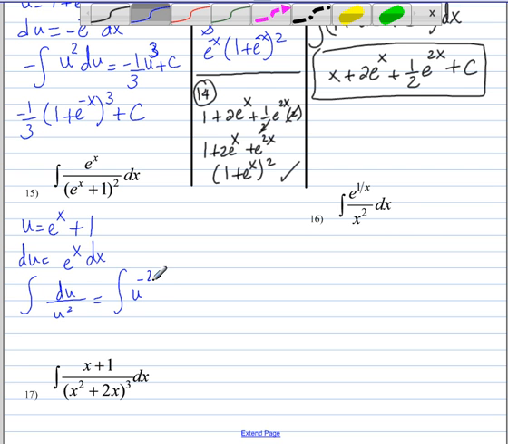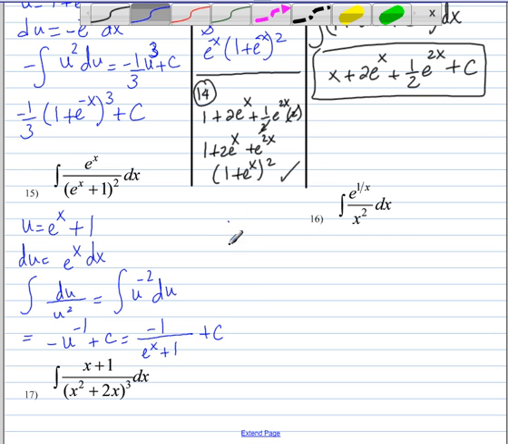Rewrite it as a negative exponent, take the antiderivative, add 1 to -2, that becomes -1, divide by that new exponent, we were using power rule, plus c. Change it back, so that's -1 over u, and u is e to the x plus 1.